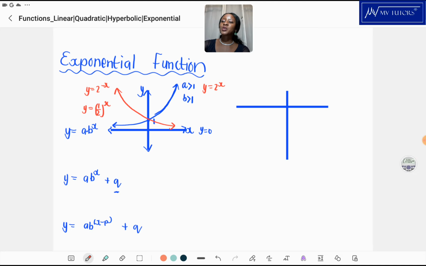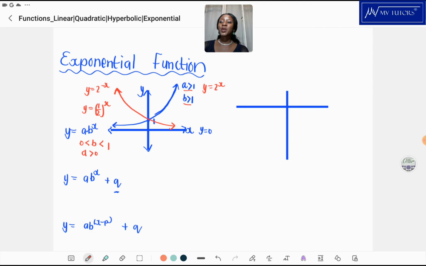So that's what I meant by b being in between 0 and 1, in this case a half, and then you would have this function over here. So a is still bigger than 0, but b is in between 0 and 1. Here, a is bigger than 1 and b is bigger than 1. I hope I'm making sense and I hope you're understanding.